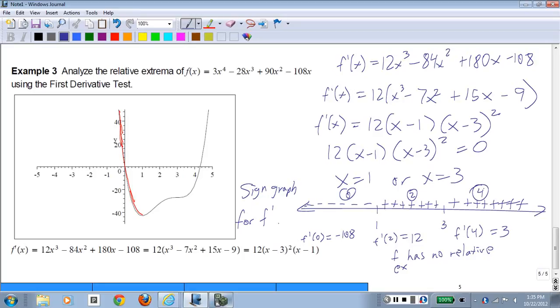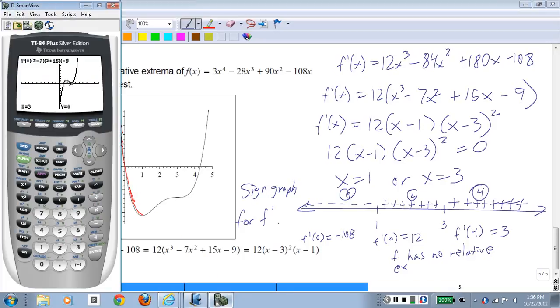Now f prime. So we're looking at f prime, and f prime has a 0 of even multiplicity. I guess we're referring back to this graph here and seeing where it just touched the x-axis there.